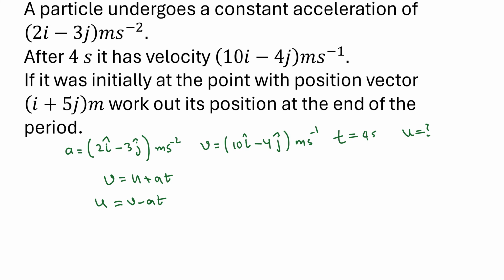I can write u is equal to v, which is given to me, 10i minus 4j, minus a, which is 2i minus 3j, multiplied by t, that's 4.